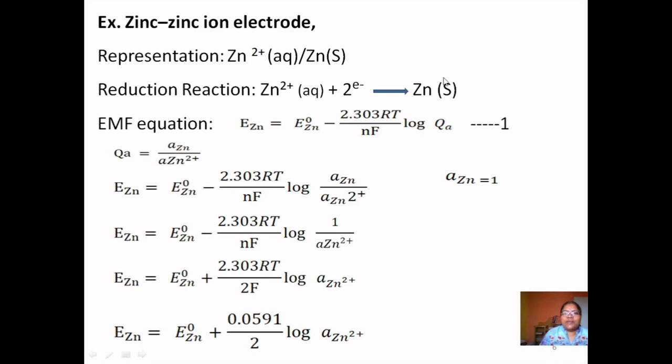That is, the right hand part we have written to the numerator, the left hand part to the denominator. Then by substituting this, the activity of Zn is 1 because it's a pure metal. This equation becomes, then by changing this minus sign, this is our equation.